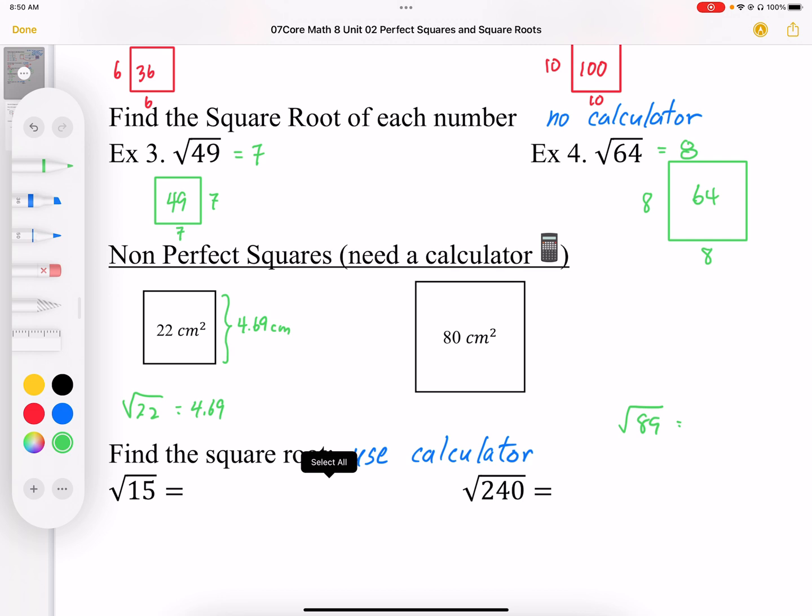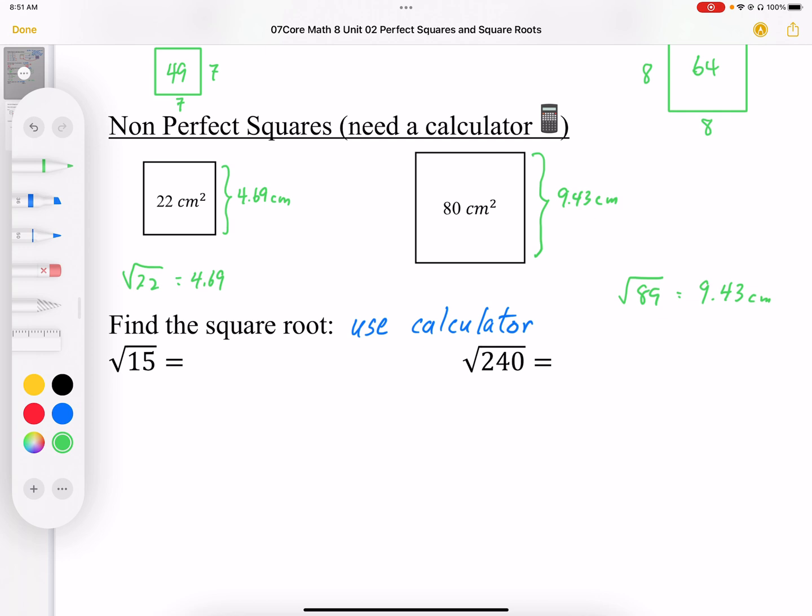So I get 9.433. I'm just going to round that to 9.43 centimeters. So this side length here is 9.43 centimeters.